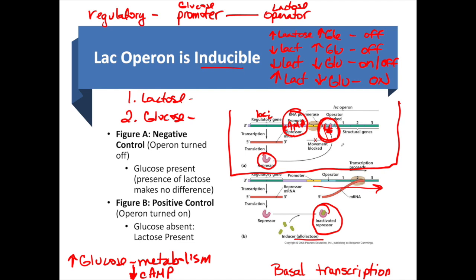Glucose metabolism results in low cyclic AMP. Low levels of cyclic AMP prevents RNA polymerase activation. So I have to have a combination of high lactose and low glucose, this process right here. I have to have a combination of high lactose and low glucose in order for my gene to be turned on, in order for the operon to be induced.